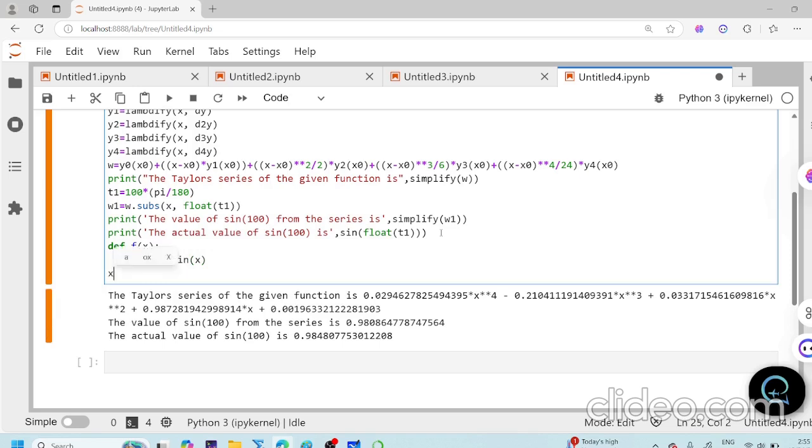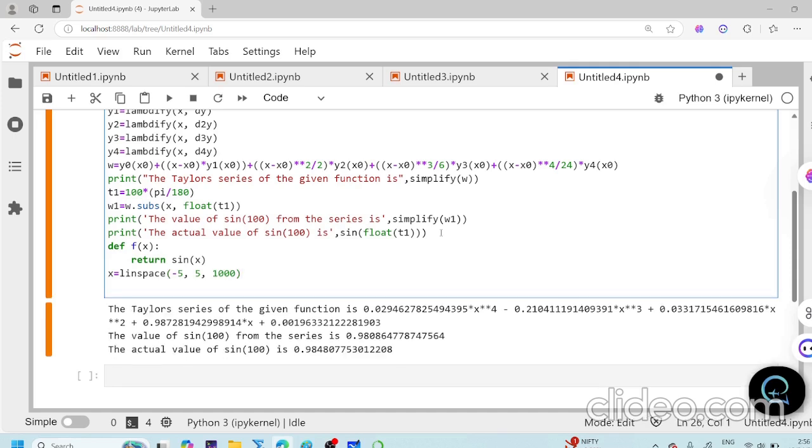Then I have to give the limits for x. So x equal to linspace of minus 5 to plus 5. How many subintervals do you want? I say I want 1000 subintervals. Then after giving the value for x, you have to plot the graph.